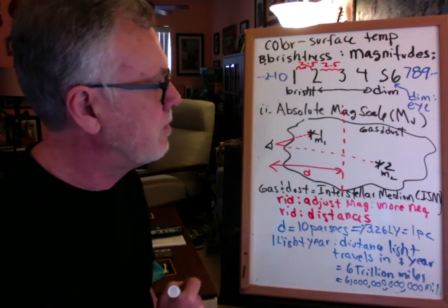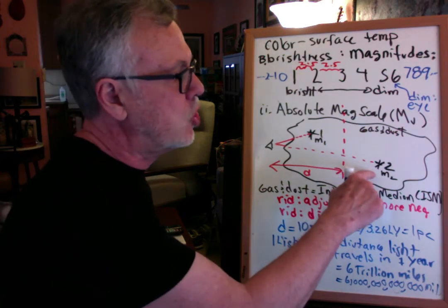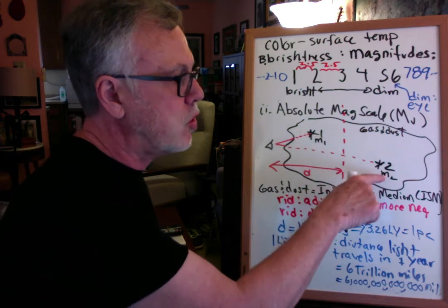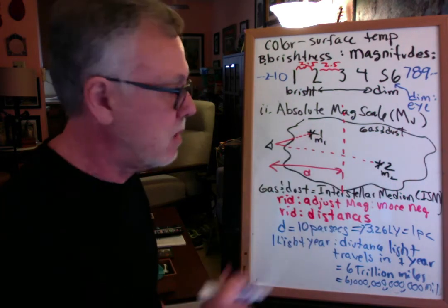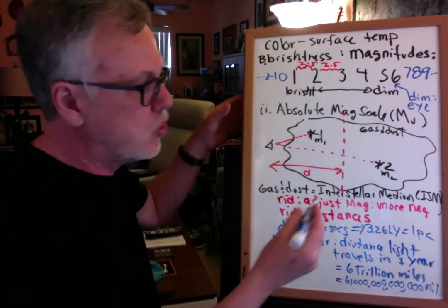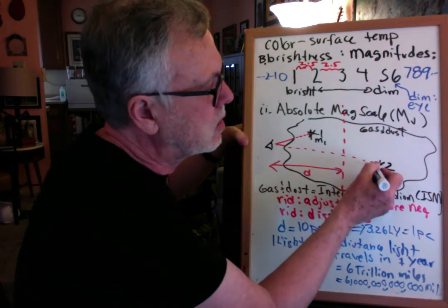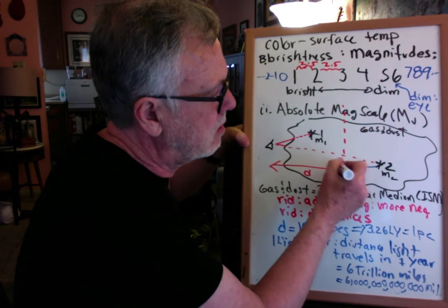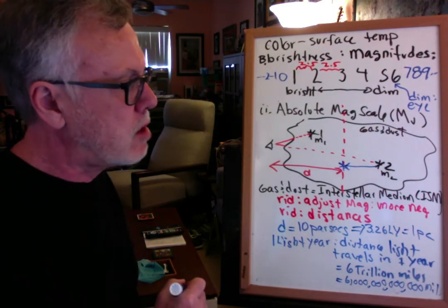We've already adjusted the apparent magnitudes of star 1 and star 2 to get rid of the gas and dust. It's gone. Then we adjust those new magnitudes so that the star is at 10 parsecs.